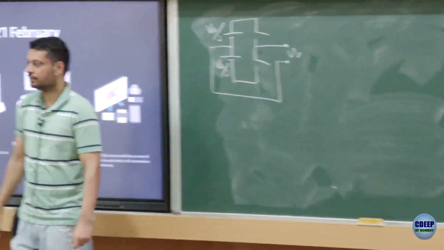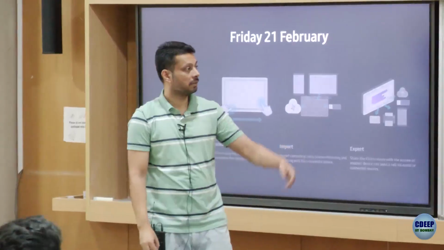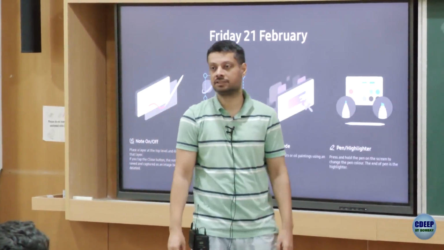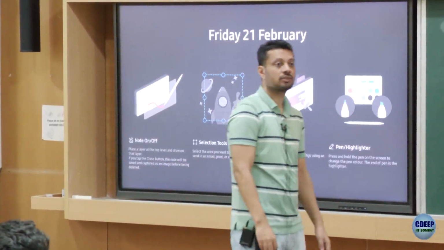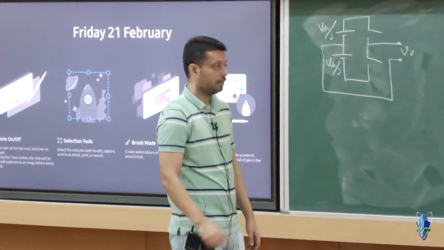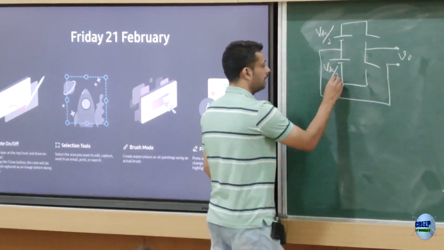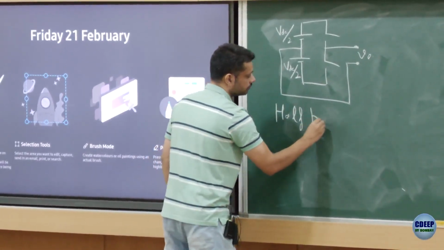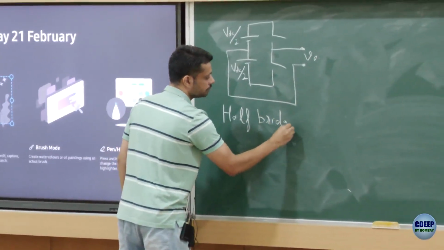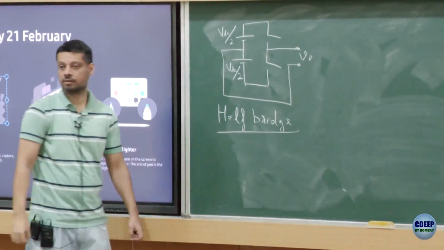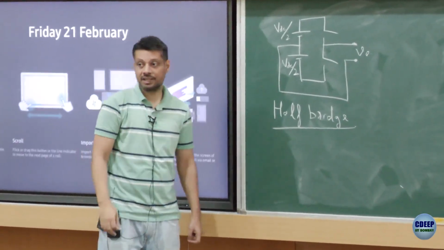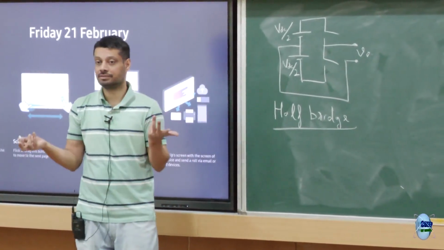This is another inverter. The one on the left, what we saw before, was called the full bridge, H-bridge. This is called the half bridge. In this case, unfortunately, you don't have any zero state.